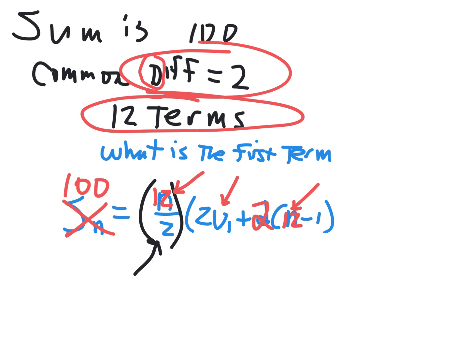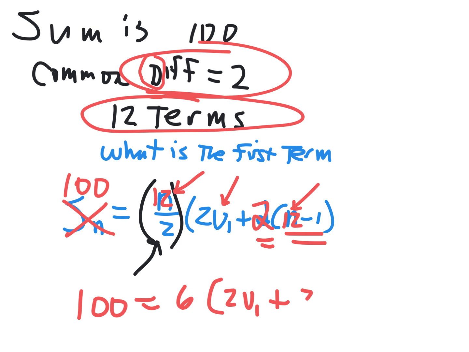Is it possible that the answer could come out negative? It is possible that the answer to this could come out negative. 11 times 2 over here comes out to 22.